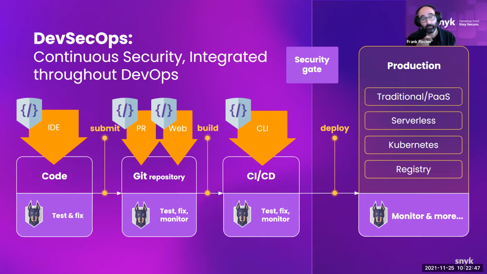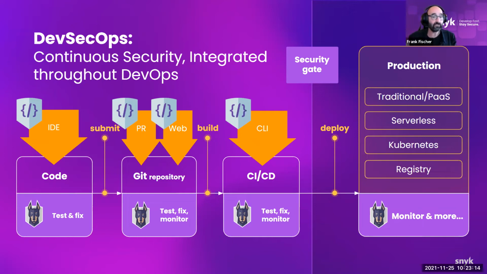Then I'm doing a PR, so I'm pushing it, and we will see Snyk Code in action on the PR. We will use the web interface in between to see the status of things, how the web interface looks and how it comes into play. And last but not least, I will show you the CLI, the command line interface.